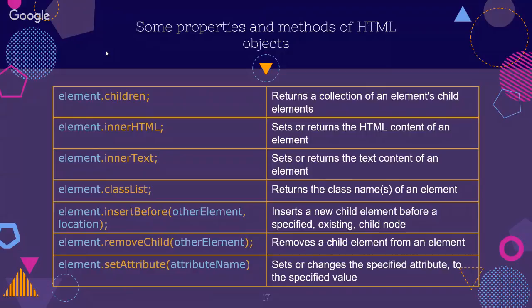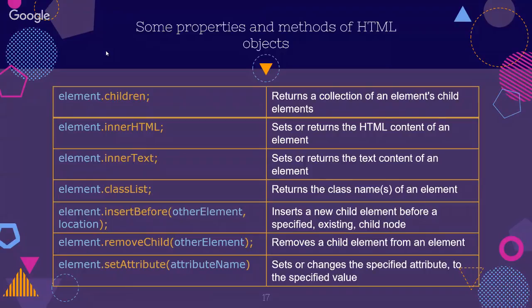So to be able to use the insertBefore method, we must have a reference to the element we want to insert and the one we want to be inserting before it. So keep that in mind, you're always going to have to select the elements before doing anything with them.